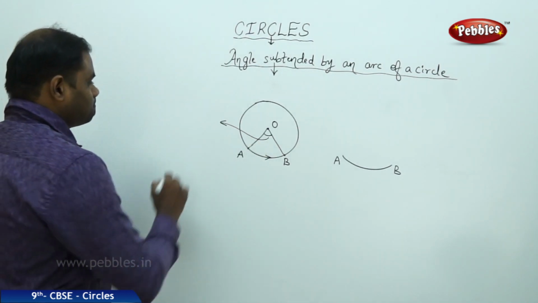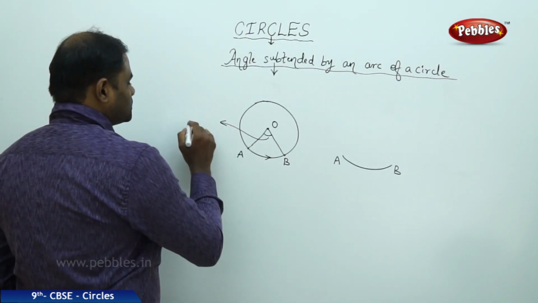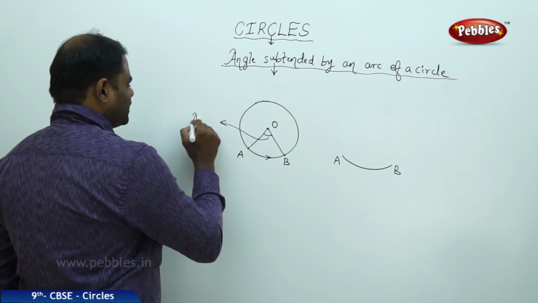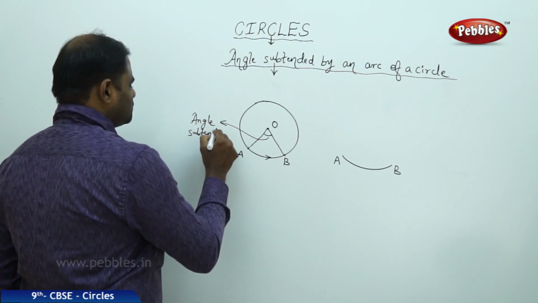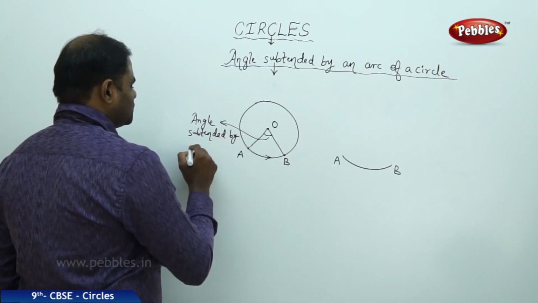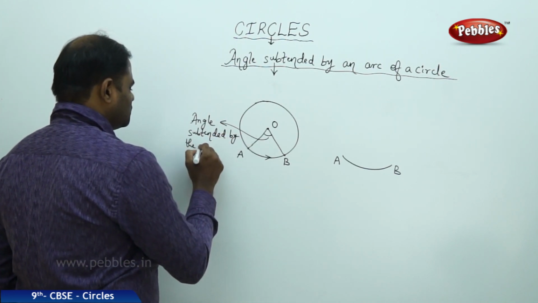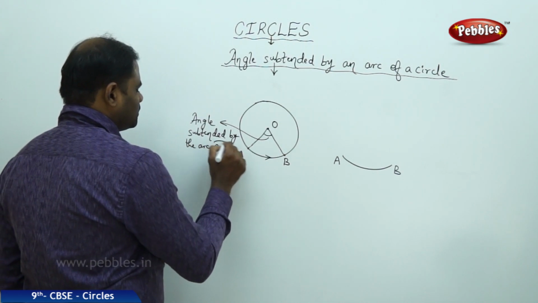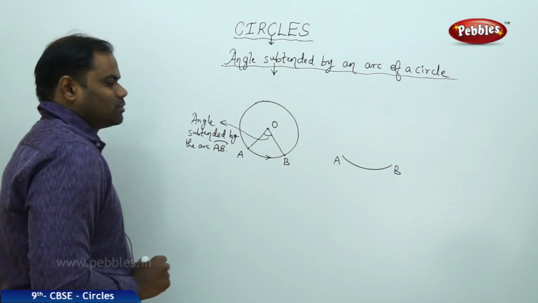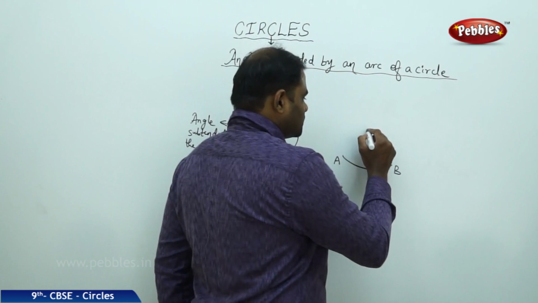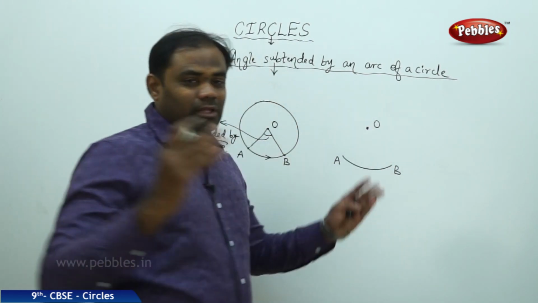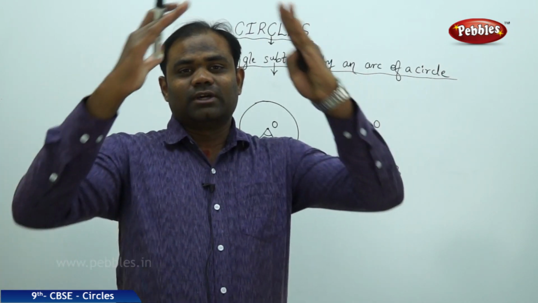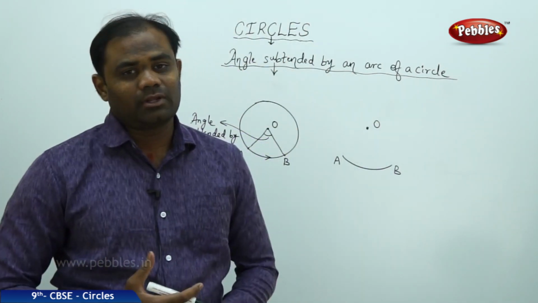So here this is the angle subtended by the arc AB. When I take the center O and I take the arc, then the angle at which the end points of the arc converge is what is called angle subtended.